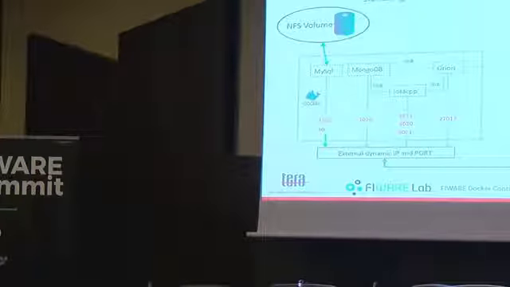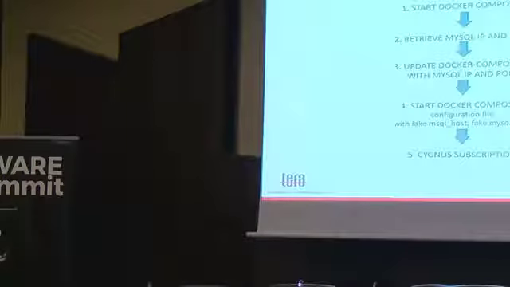So the solution that we wanted is done. These are the steps that resume what we have done, and the next step is to create a script able to do everything you read here in a single command.